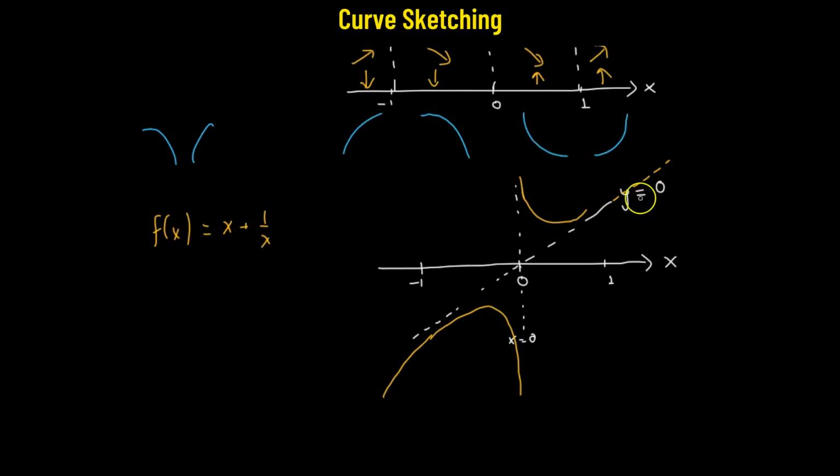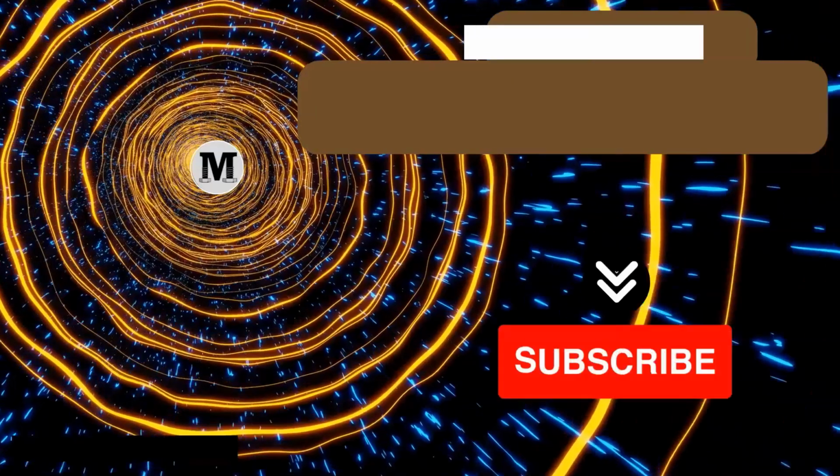Similarly, this one is also going to be closer and closer to the asymptote. So this is how we can sketch different curves if we know the inflection points, the critical values, and the x and y intercepts, and follow the steps that we talked about.